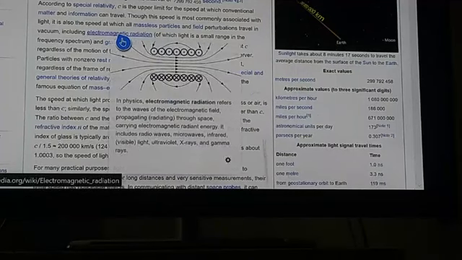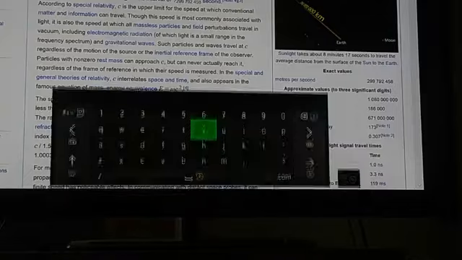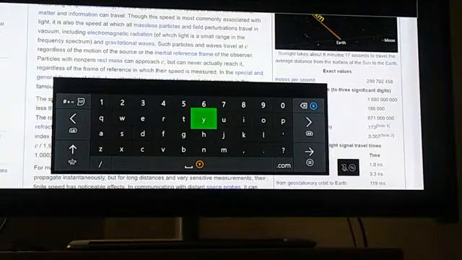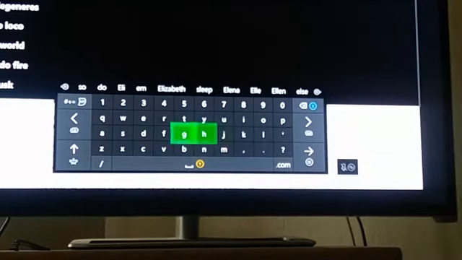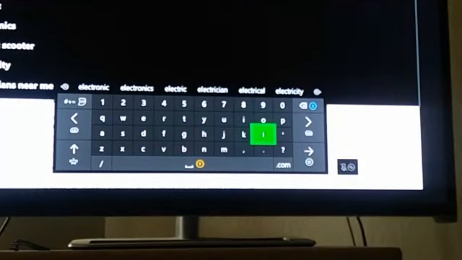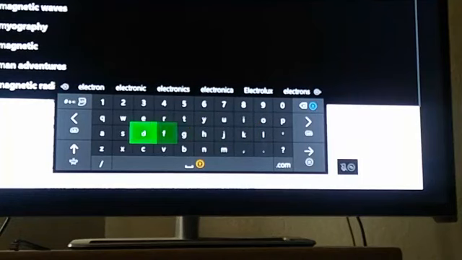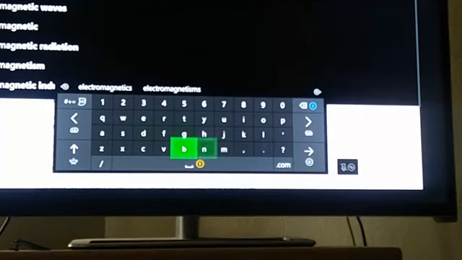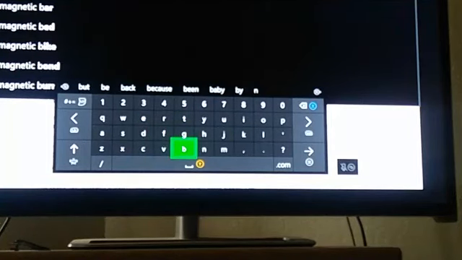Electromagnetic radiation. Watch this. I'm also typing something else. Electromagnetic. I gotta hurry because my phone's dying. Magnetic space beings.